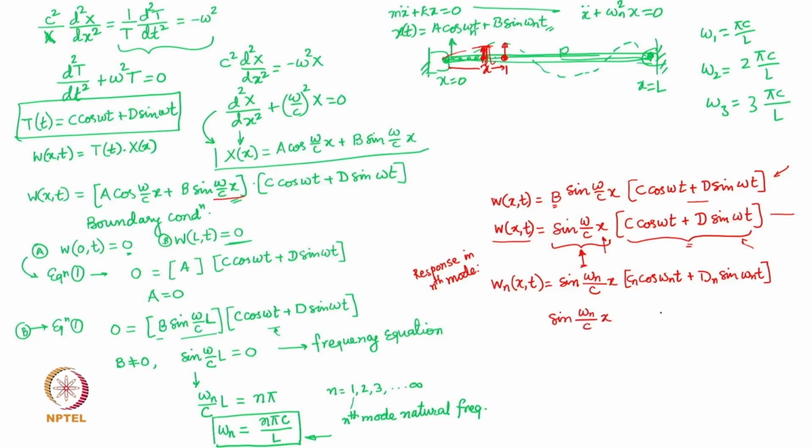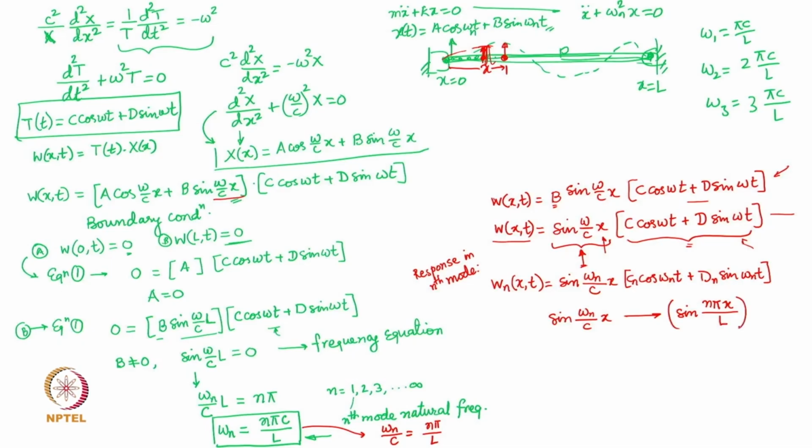I can use the expression here to write omega_n by C as equal to n pi by L, isn't it? So this mode shape is now going to be sine(n pi x by L). Okay, so that is basically the mode shape.